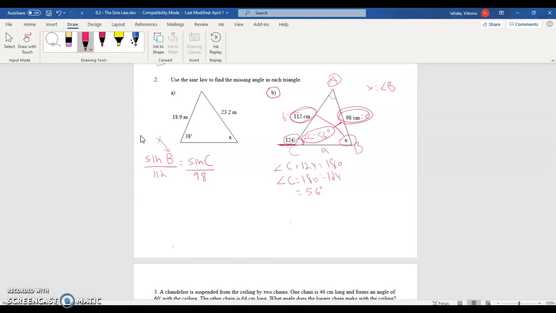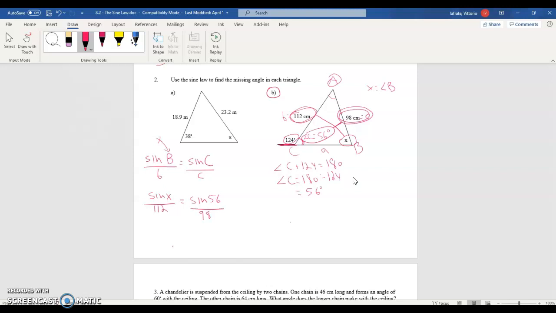I'm going to write the formula out first before I actually plug in numbers. So sine of B over b, sine of C over c, which is going to be sine of x over b, which is 112, which is equal to sine of 56 over c, which is 98.